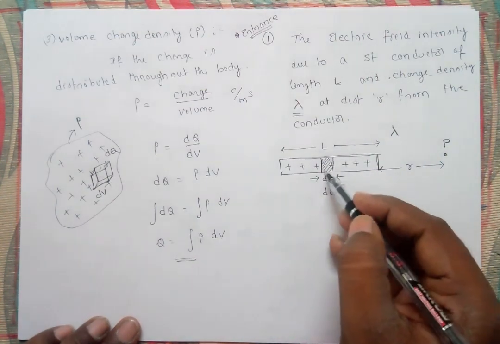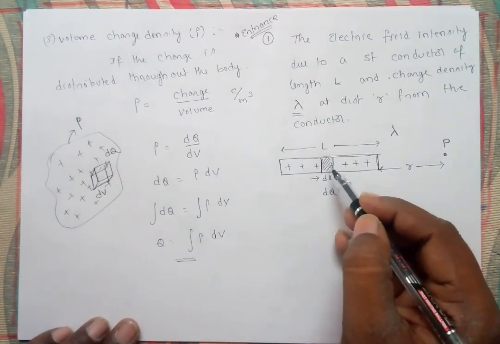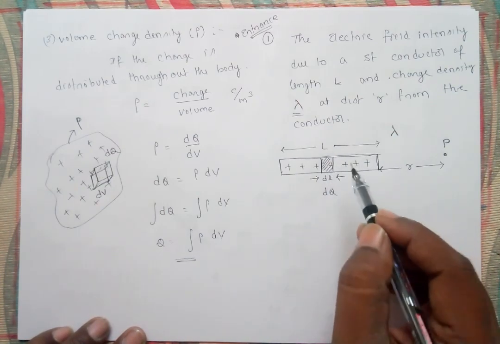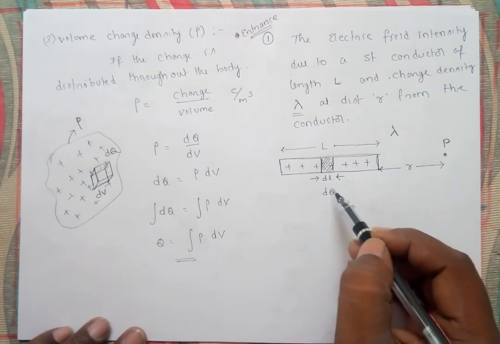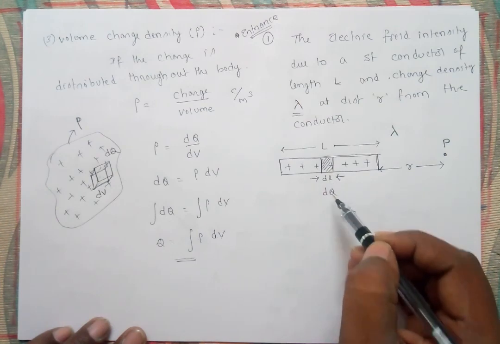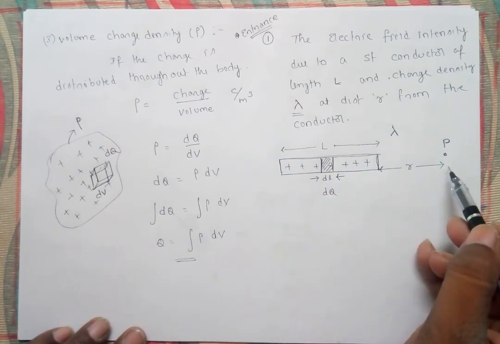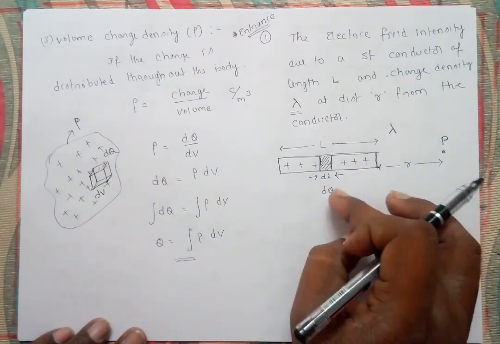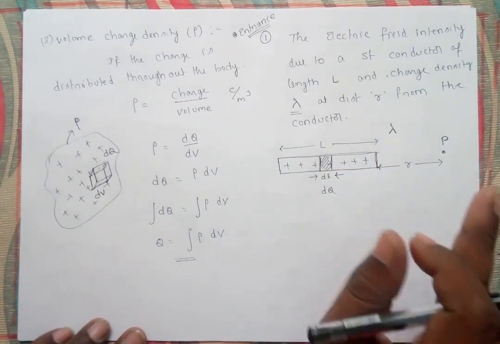This part can be treated as a point charge because we are taking only an infinitesimally small charge. Due to this small point charge dq, the electric field intensity is 1 upon 4 pi epsilon naught dq by the distance from here to here.